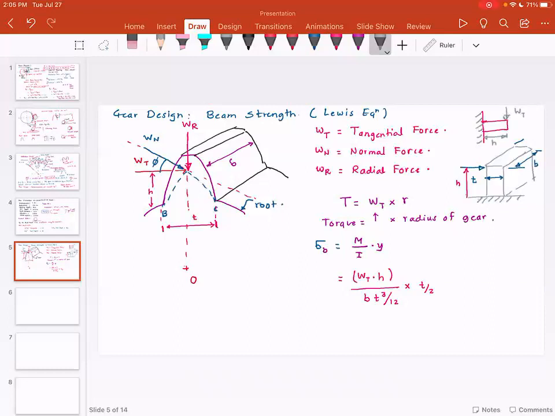You have the rectangular cross section with B and T, where T is the depth and B is the width. I would show you the rotated cross section here.